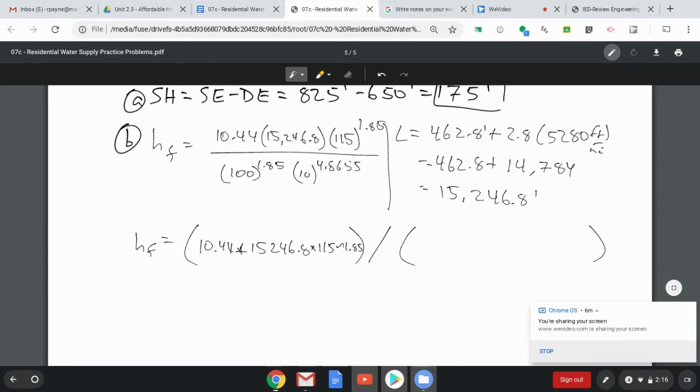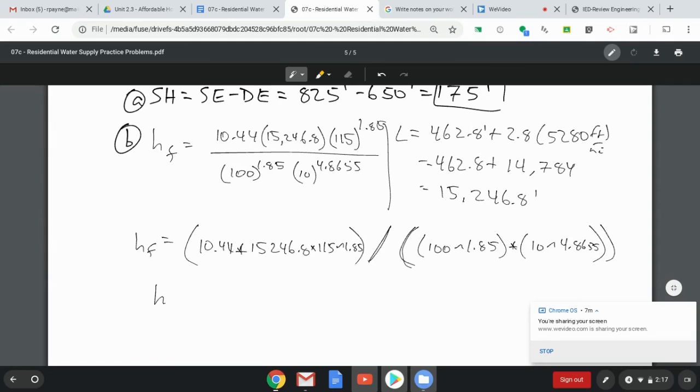And then here, end parenthesis, divide, open parenthesis, open second parenthesis, 100 caret 1.85, close parenthesis, times, open a new parenthesis, 10 caret 4.8655, close parenthesis, close parenthesis.